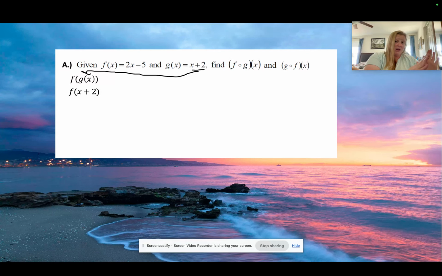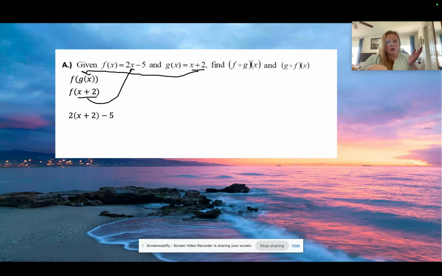So keeping my F, keeping my parenthesis, but no longer will I write G of X. Instead, I'll write X plus 2. Then I take that X plus 2 and I put it into the F formula in X's spot. Everything else will stay. The 2 will stay, the minus 5 will stay, but I will replace X with X plus 2. So it'll look like that.